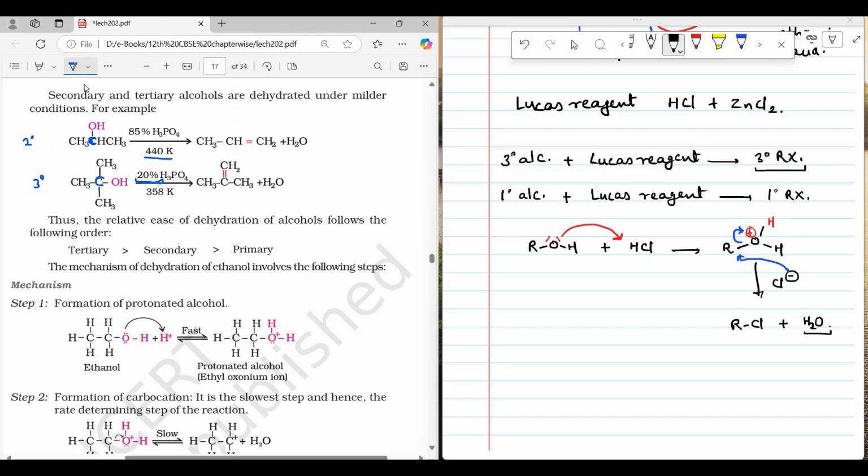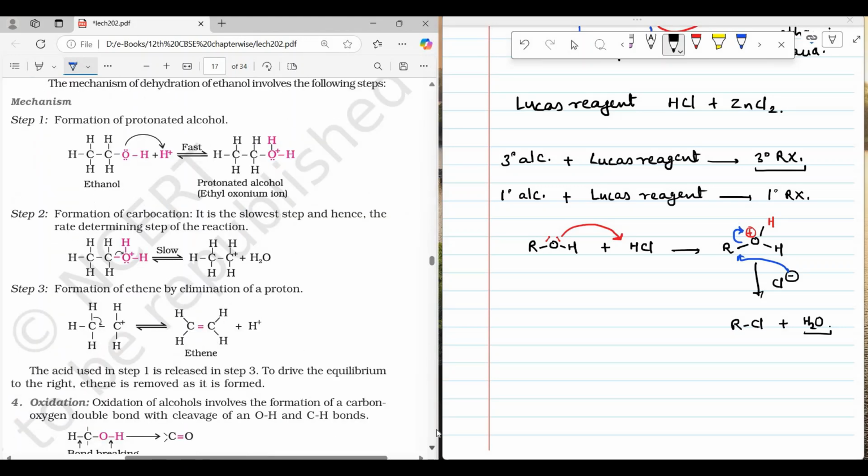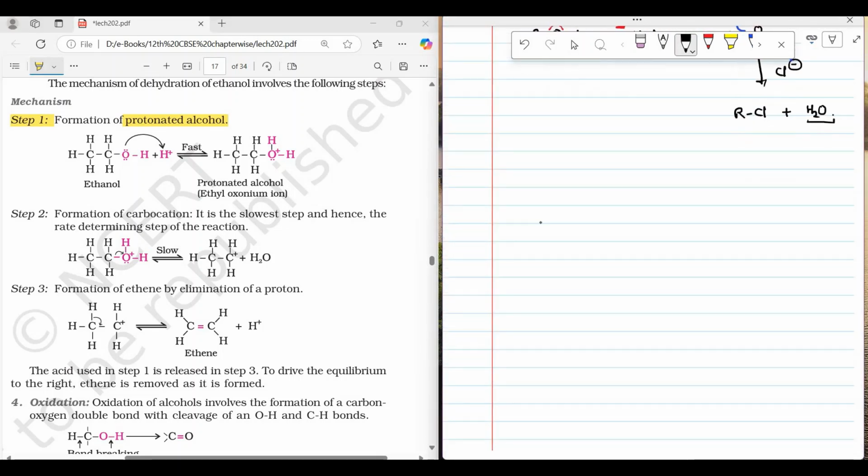The mechanism of dehydration of ethanol involves the following steps. Let's try to understand the mechanism of dehydration. The first step is the formation of protonated alcohol. Let's take the example of ethanol, CH3CH2OH. When it reacts with the acidic medium, H plus will be present in the reaction medium.